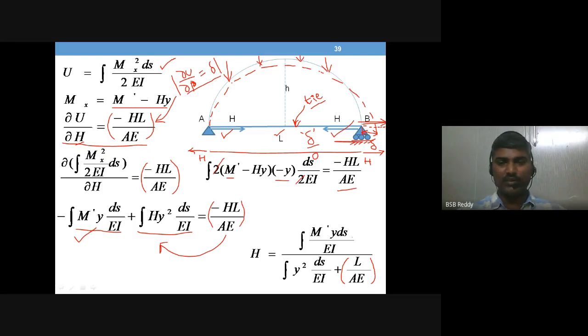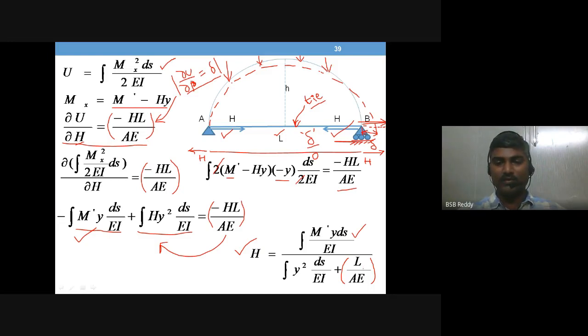Numerator is as usual as earlier. So the change in the expression for evaluating H is that L by AE is added to the denominator.